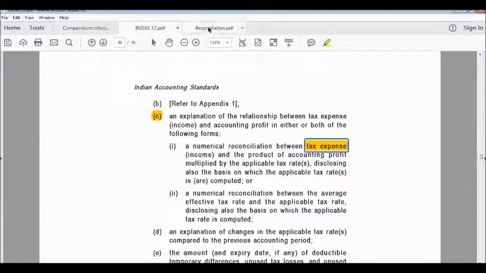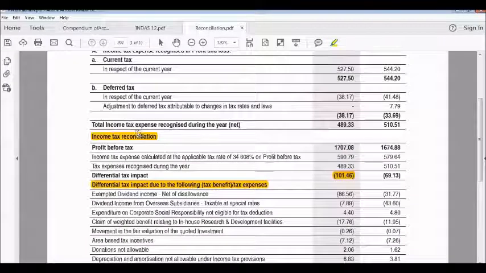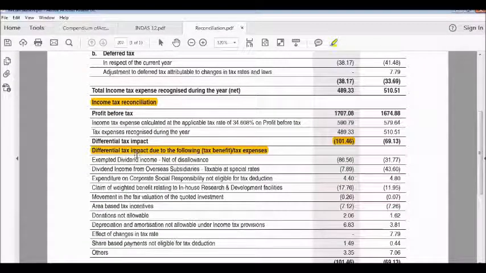So here is a balance sheet of some company in which I find it really cool. That's how they made the reconciliation, like reconciliation of profit before tax as per the profit and loss statement. So their profit before tax was this, and then the applicable tax rate was this.